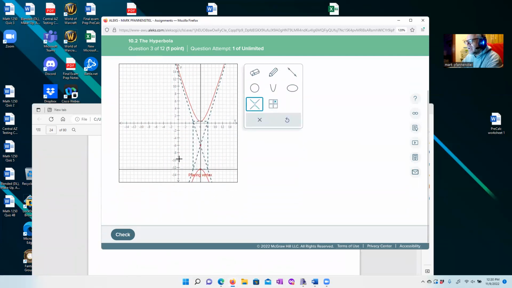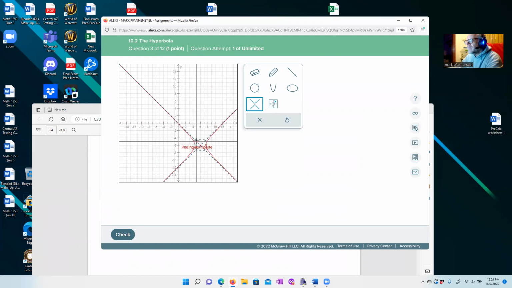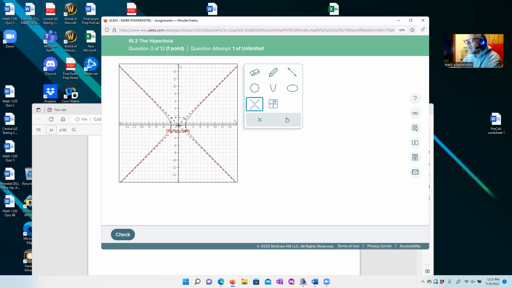So we are here, 1, 2, 3 in either direction. So that's one vertex, and then the other vertex, we are 6, 1, 2, 3.